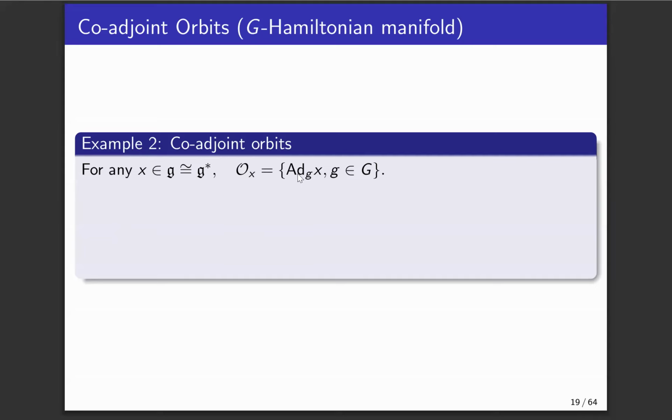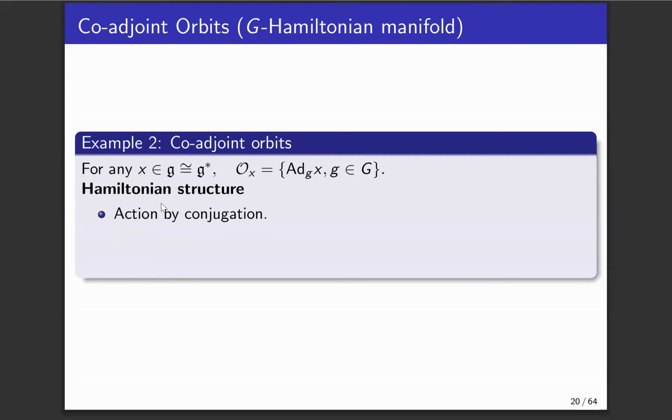It's only g of x, where g is the adjoint action of the group G on the Lie algebra for any element g in the Lie group itself. And this coadjoint orbit is a G Hamiltonian manifold.